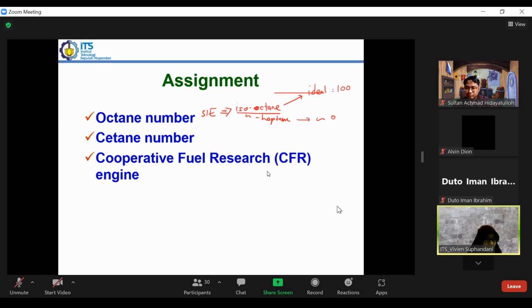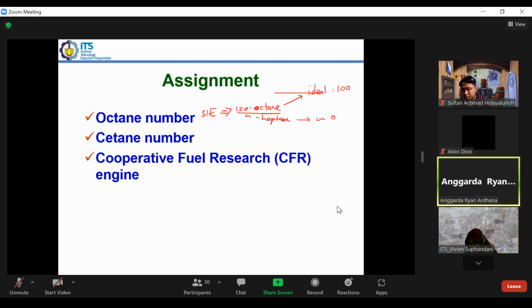Yes, Angata. I want to ask about the isooctane and heptane ratio here. I think there is some fuel that doesn't contain isooctane or N-heptane, or contains them but in a different ratio, such as E85, a mix of gasoline and ethanol.